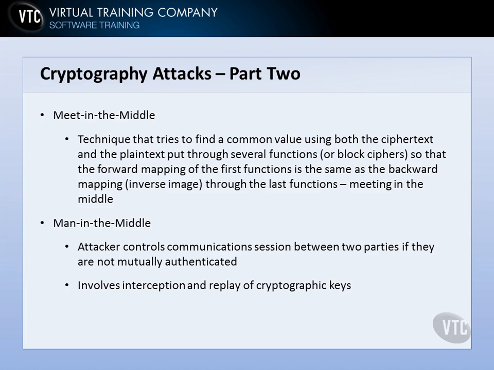But the server does not necessarily authenticate the client. You can be coming from anywhere. So in those situations where they're not mutually authenticated, an attacker could conceivably insert themselves in the communication session. Both the sender and the receiver may think they're talking to the correct party, but they're actually talking to the hacker. Typically this involves the interception and replay back and forth of cryptographic keys, like digital certificates, for example.